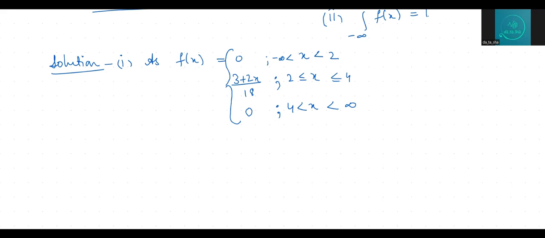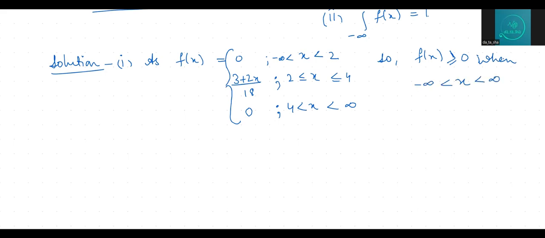So f(x) is greater than or equal to 0 for all x values. You can also write here, f(x) ≥ 0 when x is lying between minus infinity and infinity.